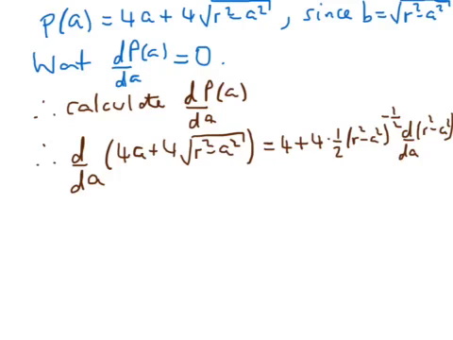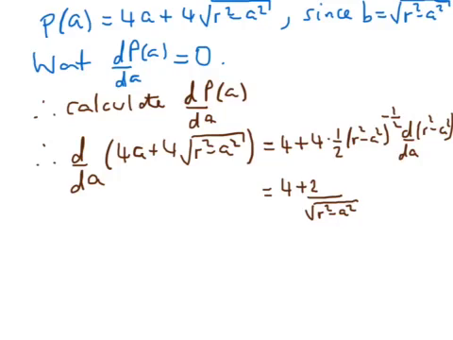So on the next line, this says that we have 4, and the next term is going to give us plus 2, and then r squared minus a squared to the minus a half is 1 over, so I'll just put it immediately on the bottom, the square root of r squared minus a squared.